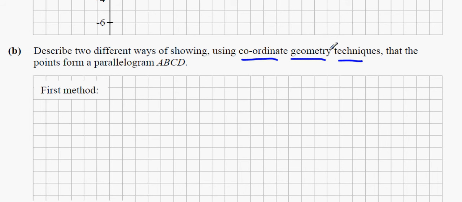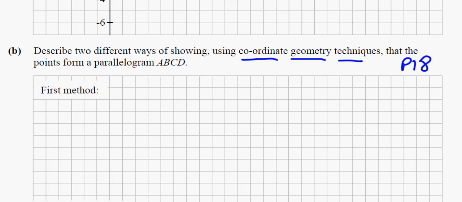They're in your tables, on the coordinate geometry section, page 18. There's going to be a lot of coordinate geometry formulas, so just remember they're all on page 18, okay?